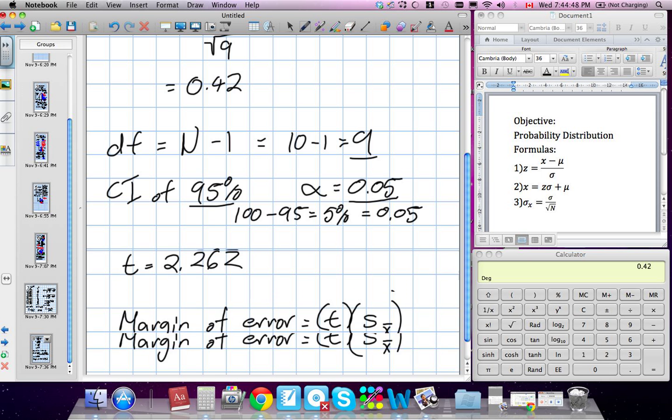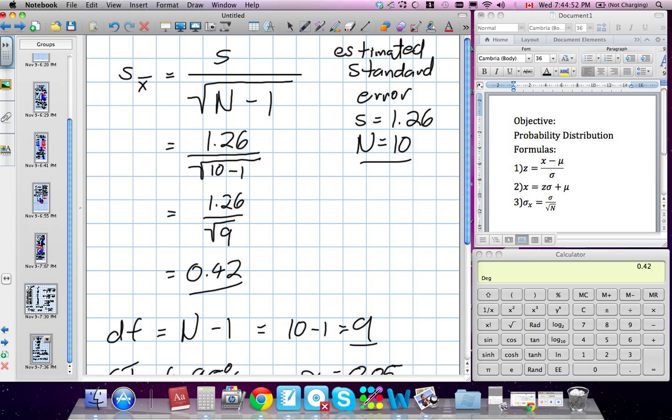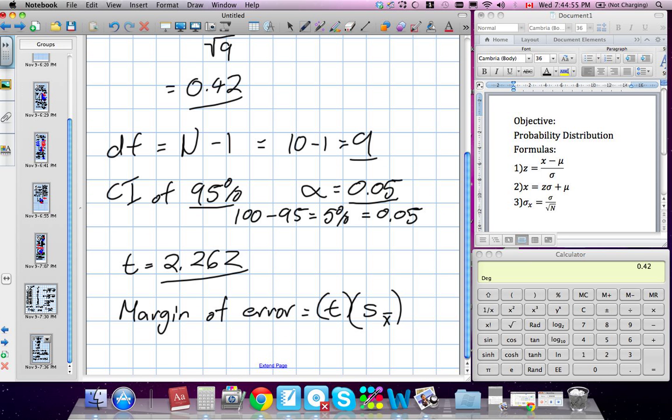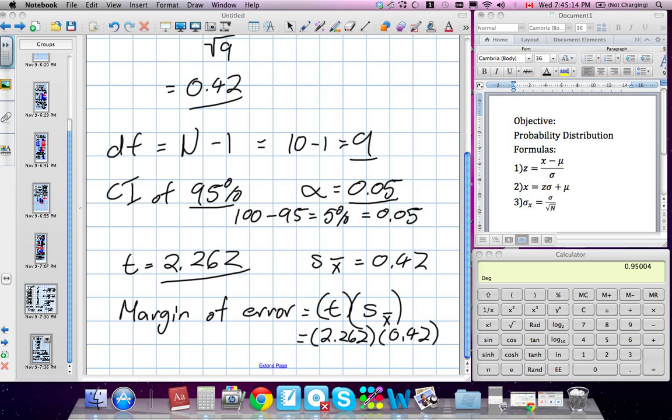Margin of error is our t times our s x bar. We found our s x bar, or our standard error, to be 0.42, and we found our t value to be 2.262, right? So s x bar was 0.42.